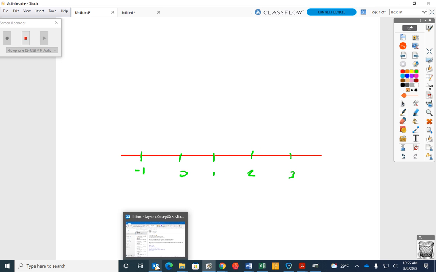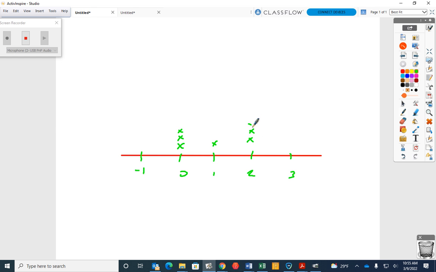A line plot specifically says how many times each number occurs. So let's say I have 3 x's above this one, and 1 x, and 5 x's above this one, which was 2. That's what a line plot is. The biggest thing is showing how many times each number occurs. It's basically a number line with x's on top.